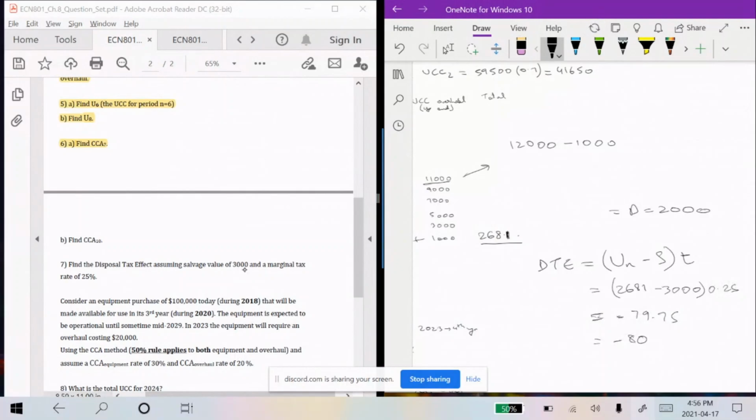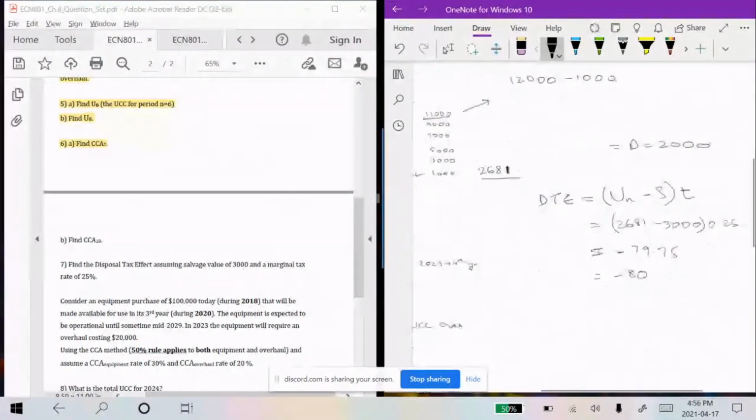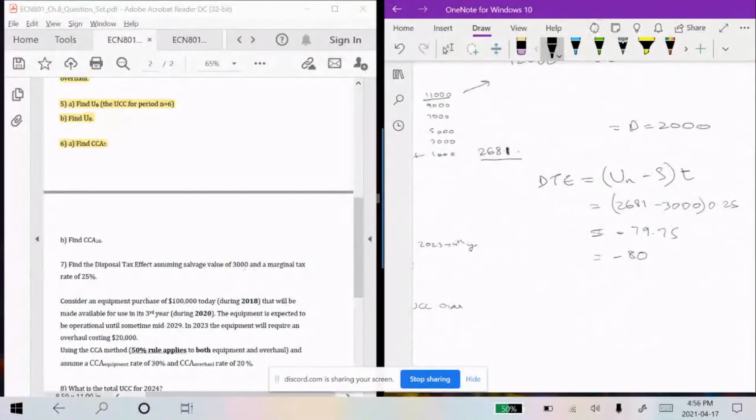So what this means is the project has been depreciated more than it should have been, and so as a result, since the U final is lesser than S, it's been depreciated more, and the company has paid lesser taxes that way. Because the thing about taxes is that they're calculated on how much depreciation your assets have faced.